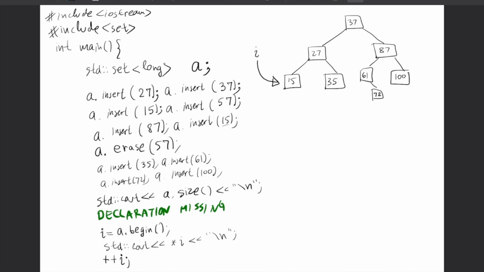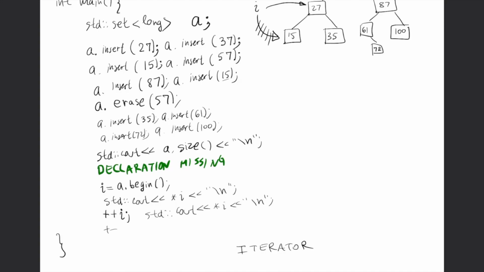The iterator will find the next element of the set. So the iterator will know that the next element is the root of this small tree. And if we print now star I, we will see the number 27.